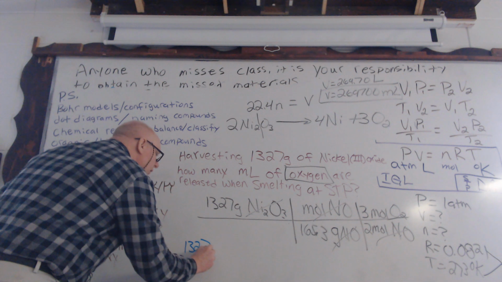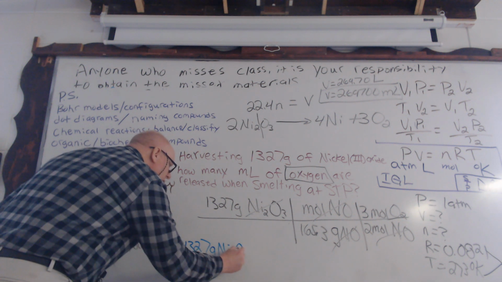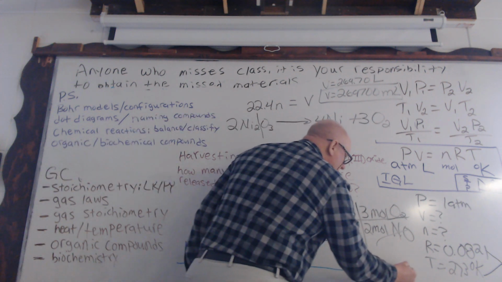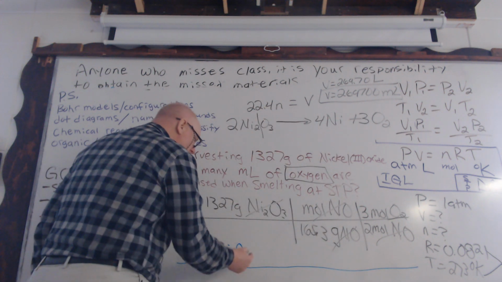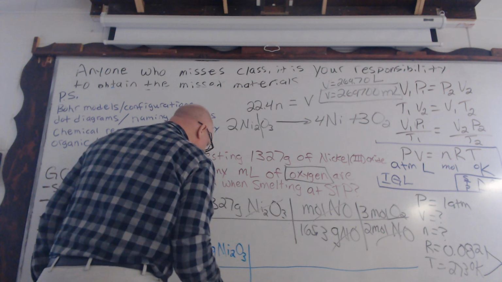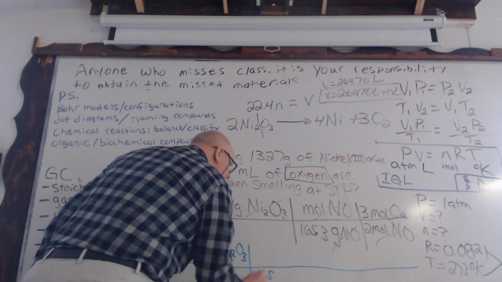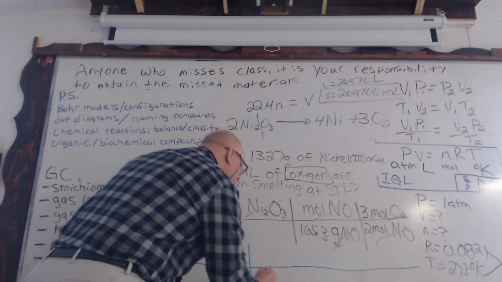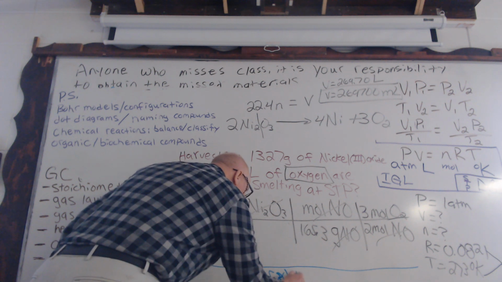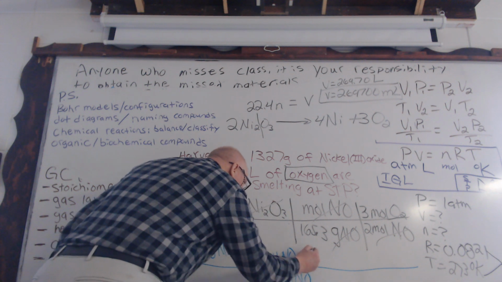But if we do this, 1327 grams of Ni2O3. Now we're going to our 4-step problem, maybe even 5 if you wanted to do that. So we still have to divide by 165.30 grams of Ni2O3 gives you a mole of Ni2O3.